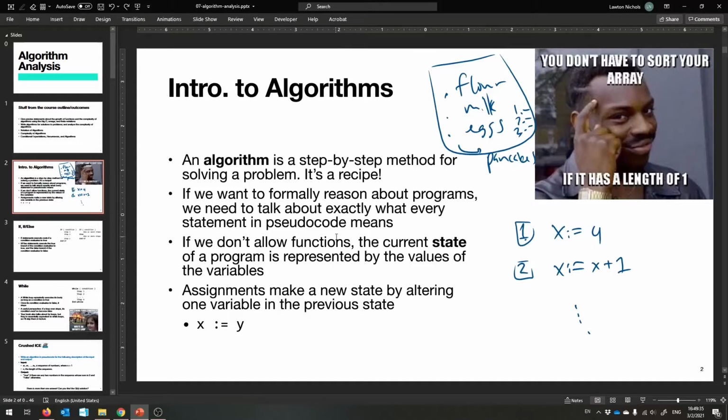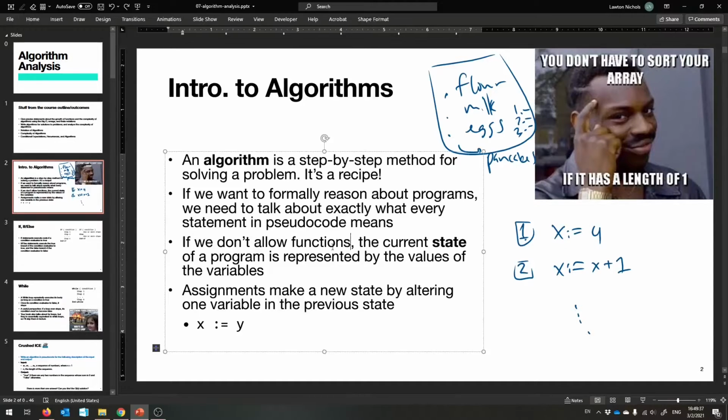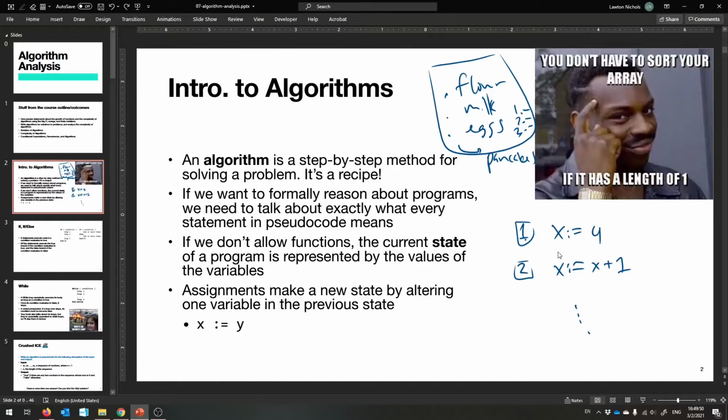Okay, it's possible to do this if we don't allow functions, and let's make it easy on ourselves and not allow functions, because otherwise we have to model the call stack. Let's just say that the state of a program is the values of its variables. So, for example, there's only one variable in this program, so we can just keep track of it in our state.